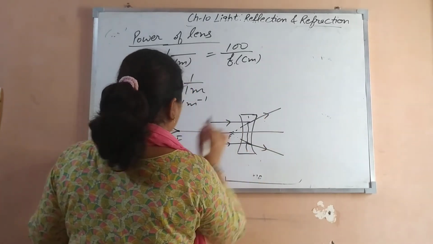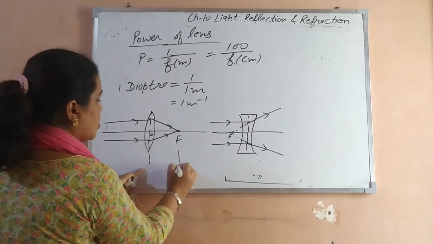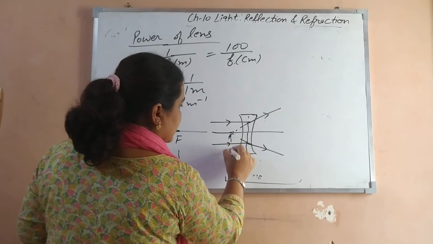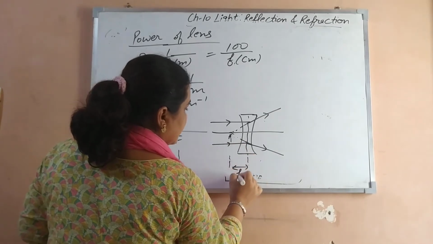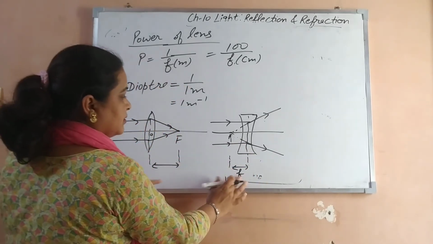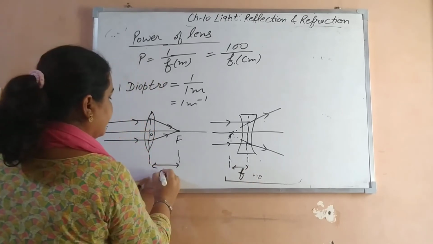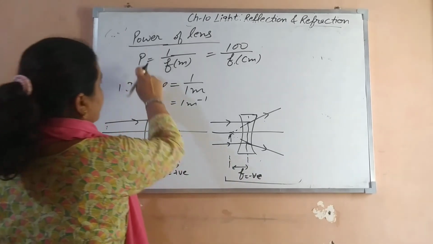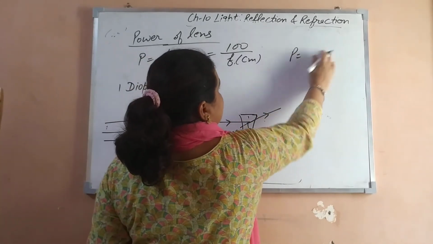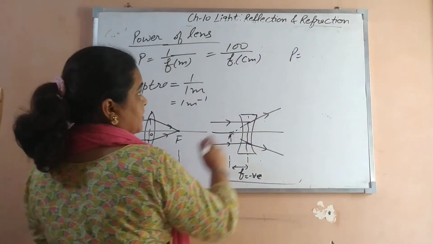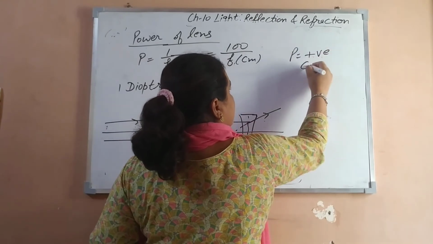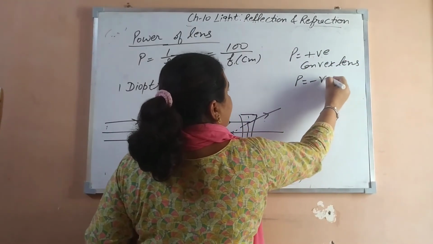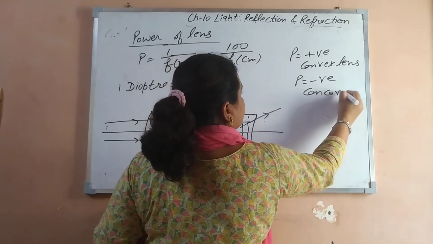So what you have observed, this focus lies on the positive side, the right side, and this focus lies on the negative side. So this focal length is positive and this focal length is negative. So when you put it in, power 1 upon f becomes positive for a convex lens and power is negative for a concave lens.